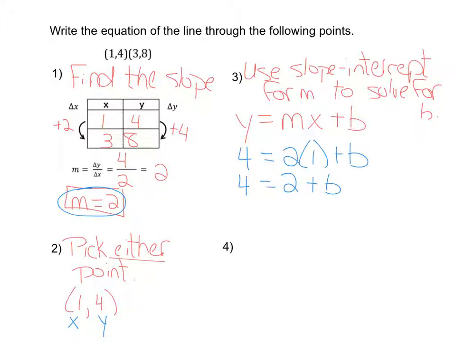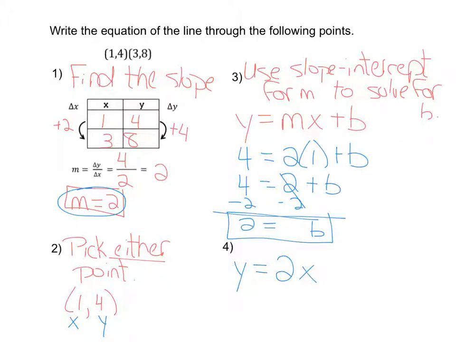This is a positive 2, so I'm going to subtract 2 from both sides. 4 minus 2 is 2, equals 2 minus 2 is 0. The b comes down, and b is 2. So now I have m, now I have b. Now I can write my linear equation in slope-intercept form. y equals m is 2, x, and b is 2. So the equation of my line is y equals 2x plus 2.